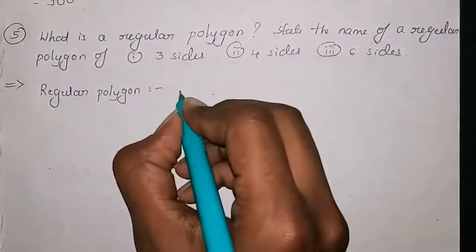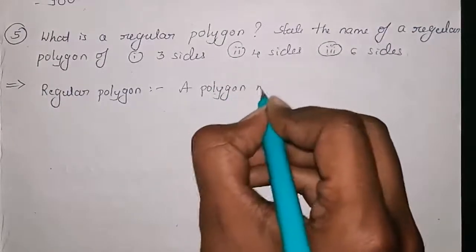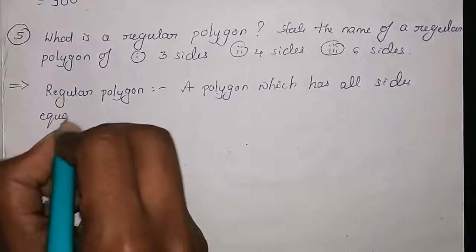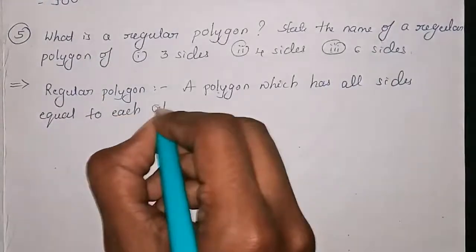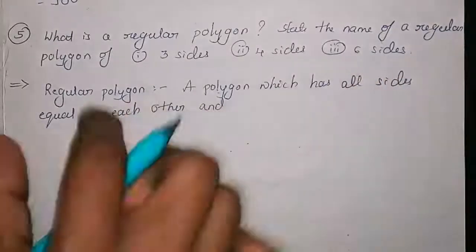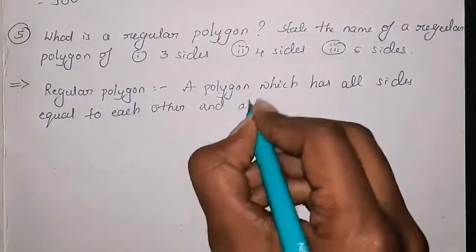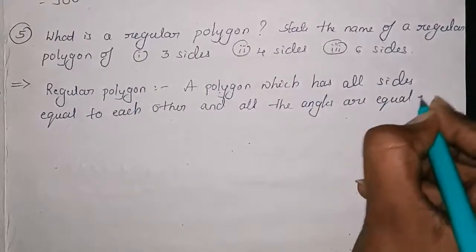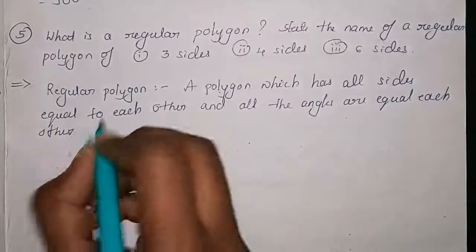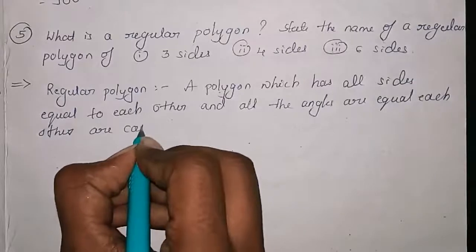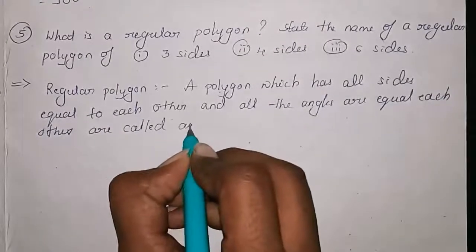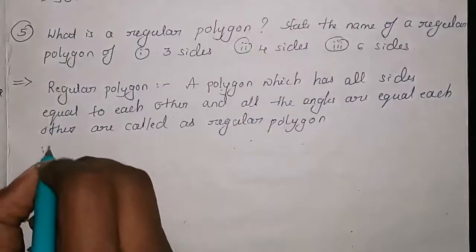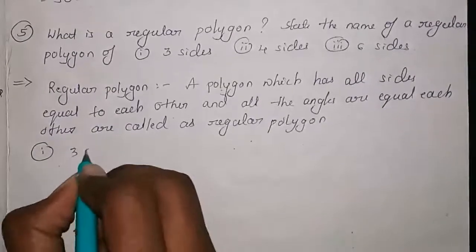We'll write the definition: a polygon which has all sides equal to each other, and all the angles equal to each other, is called a regular polygon.